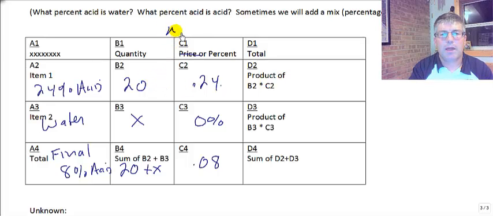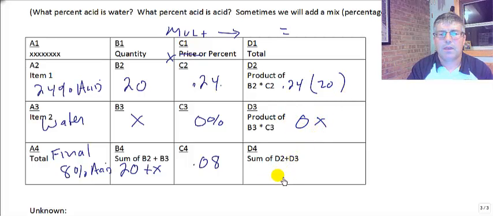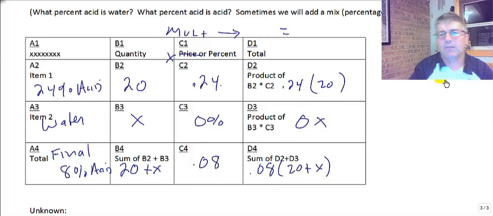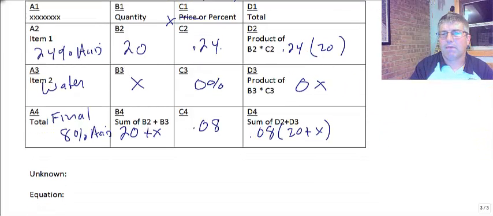We multiply across our chart to get this final column. So we're going to multiply quantity times percent, or quantity times price. I'm going to hold off on distributing here. That's 0x, and we have 0.08 times 20 plus x. And notice I don't distribute right now, and I didn't even get rid of my decimals yet.